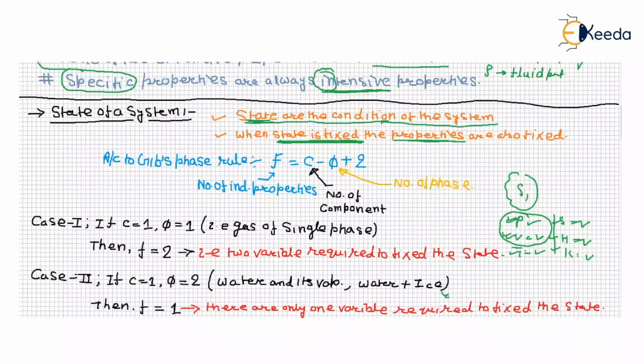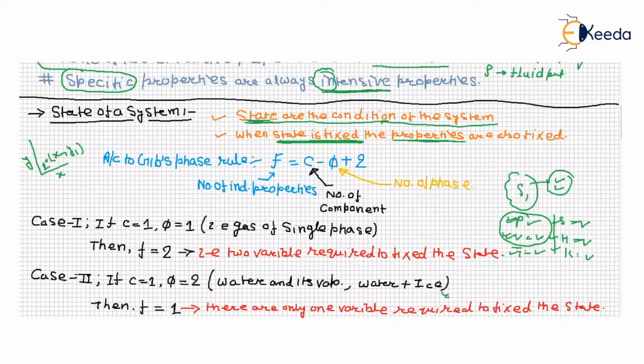See, if this is your plane, suppose y and x, and there is a point 1. The point 1 is the state x1 and y1. That means if someone asks what is the property at point 1 of the system, it says x1 and y1.